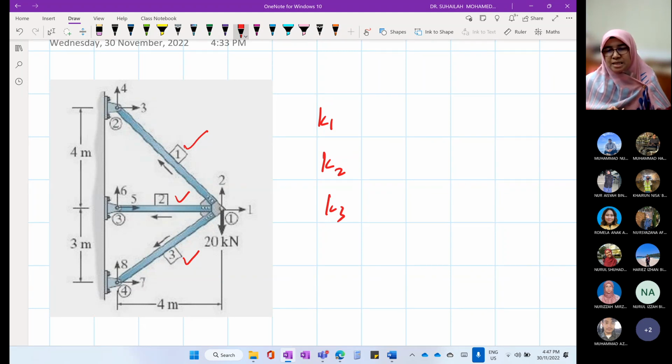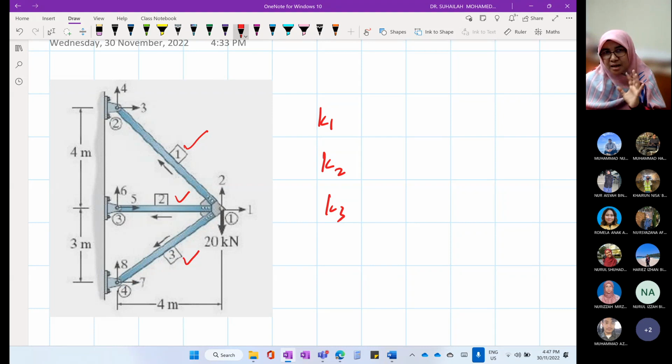Because stiffness method is actually the theory behind structural engineering software. When we analyze, for example, a building in structural software, we model the building, and the building that we model normally has 1,000 elements. That is why we don't use A, B, C. We change it to numbering.